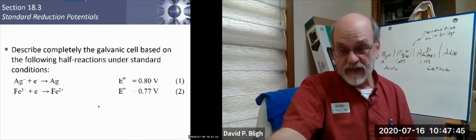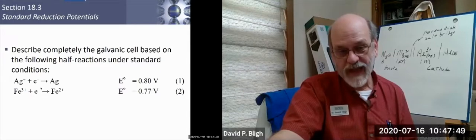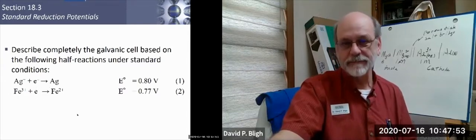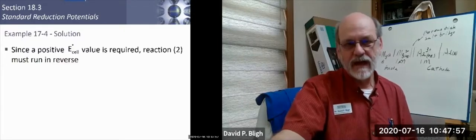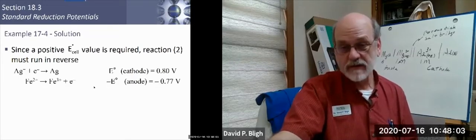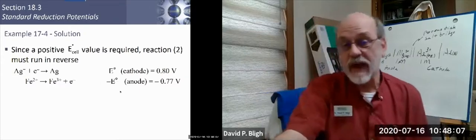And here's the case where you would need an inert electrode because the reaction occurs entirely in solution, right? Let's see. So there's what we've decided is a cathode. This is our anode.